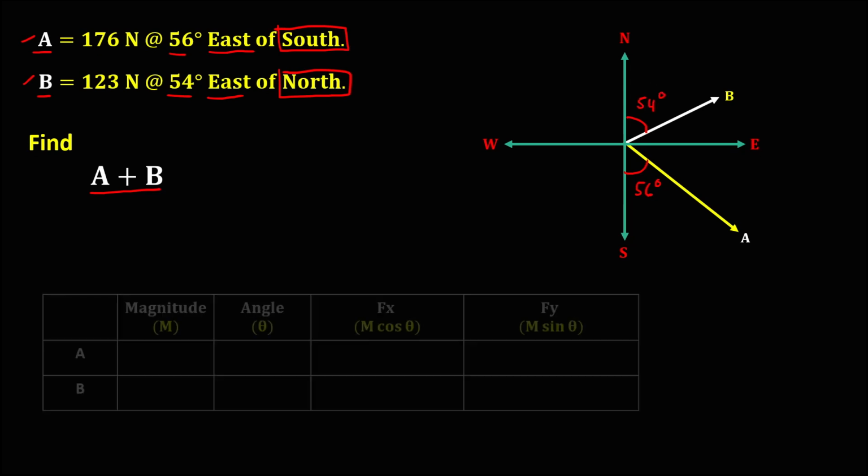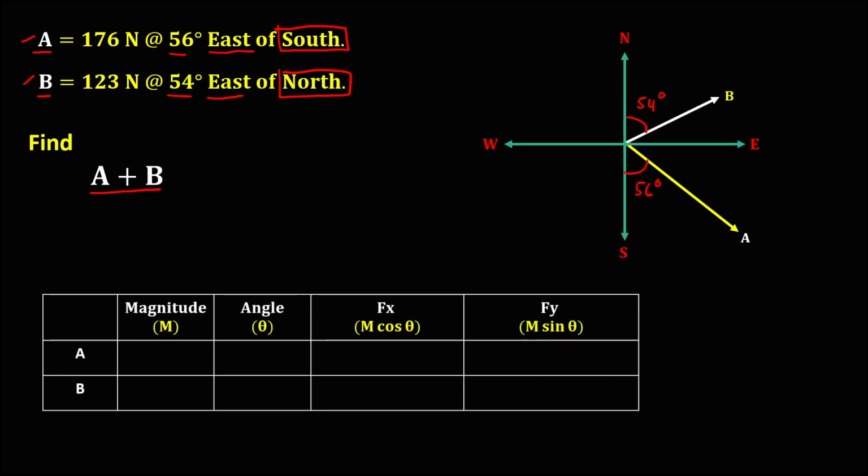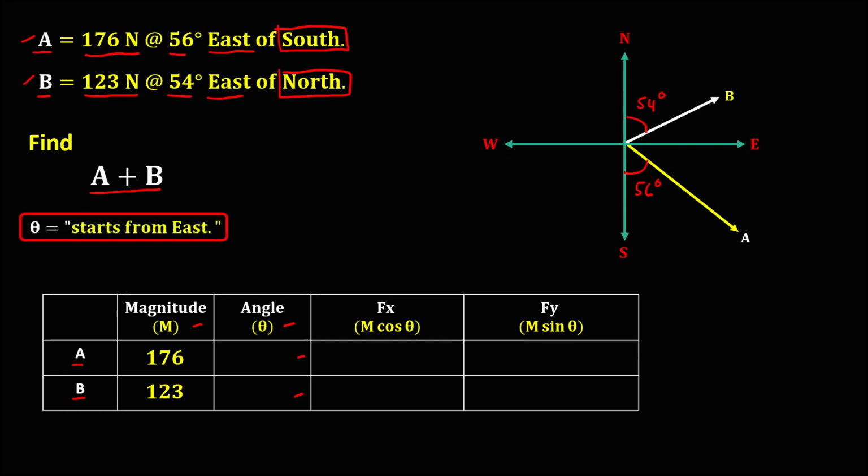So using now the vector components to find the sum of these two vectors, for vector A, the magnitude is 176 Newton. Then for vector B, the magnitude is 123 Newton. Then to find theta for vector A and vector B, take note that theta always starts from east.